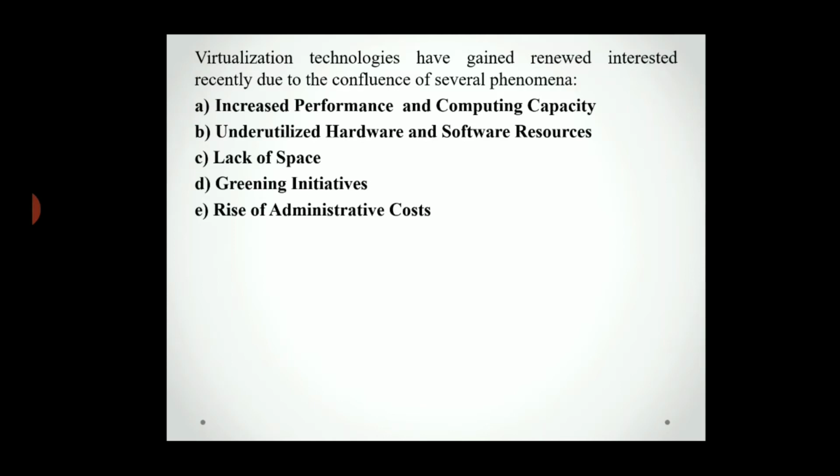Last one is rise of administrative costs. Power consumption and cooling costs have now become higher than the cost of IT equipment itself. Moreover, the increased demand of additional capacity, which translates into more servers in data centers, is also responsible for significant increment of administrative costs.